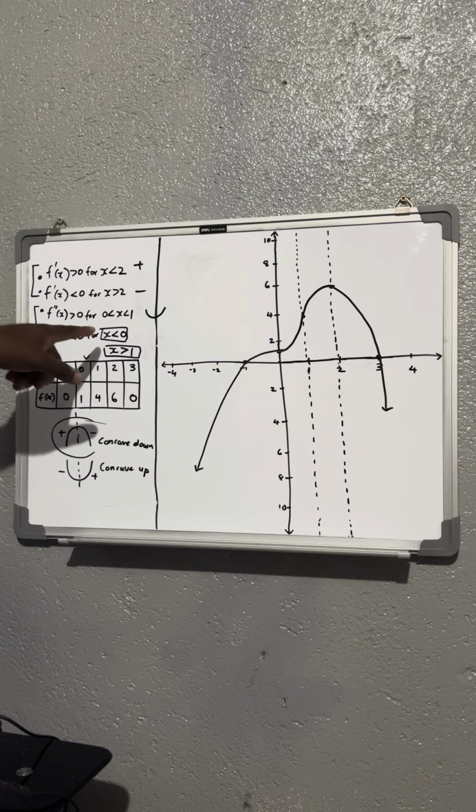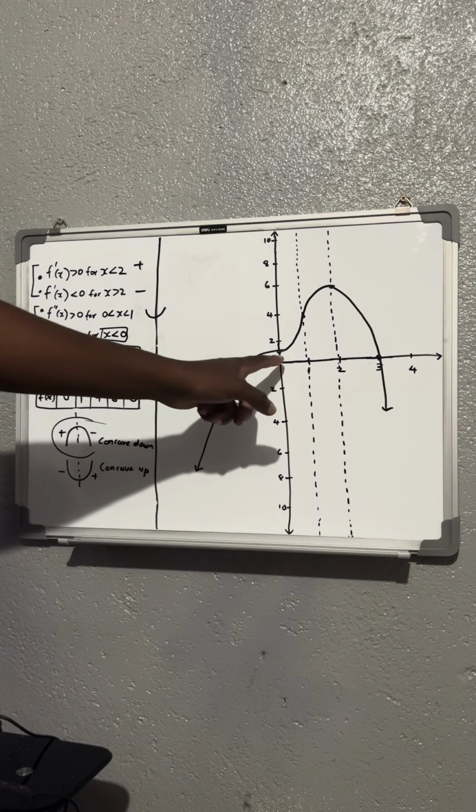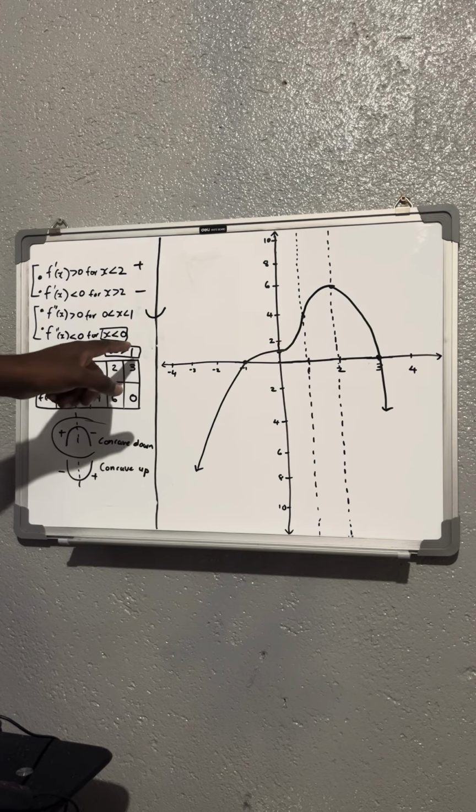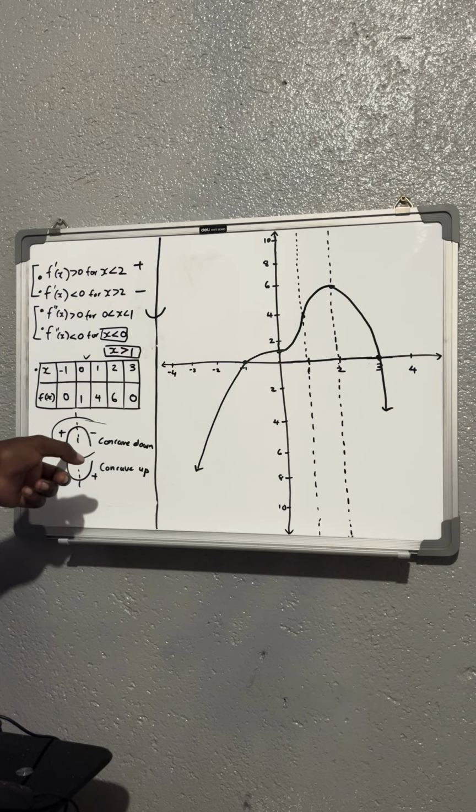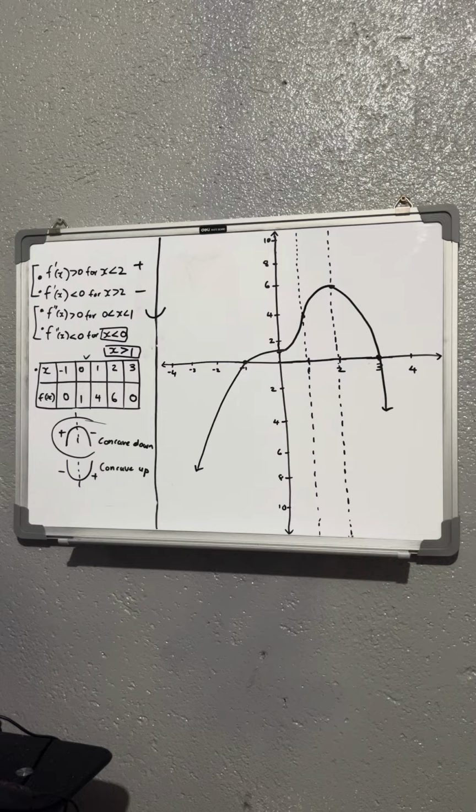They're saying now where x is less than 0, in this region it is just going to be concave down, and you can see we only took it like that.